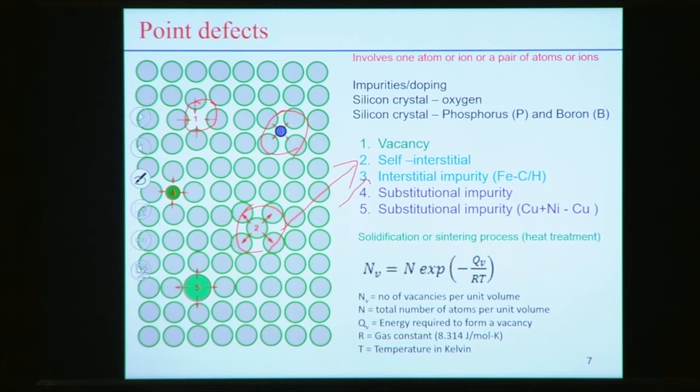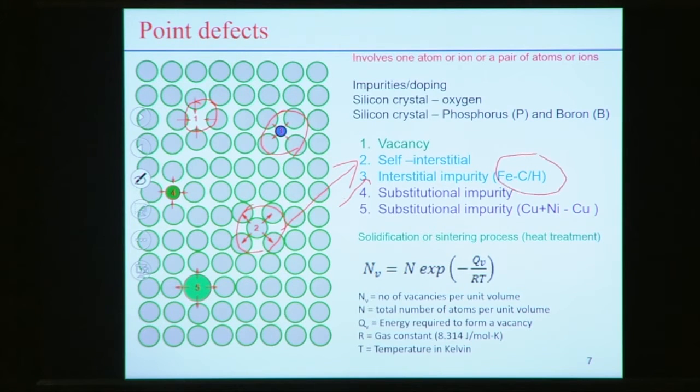In this case, the interstitial site is occupied by another atom that is smaller in size. For example, carbon and hydrogen can take that position when you try to react with iron.